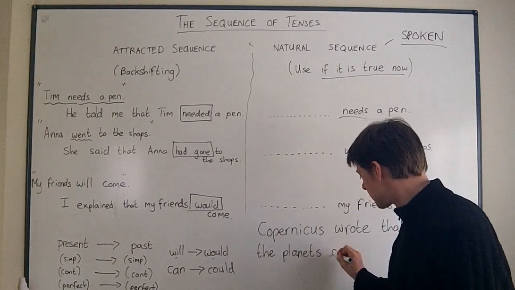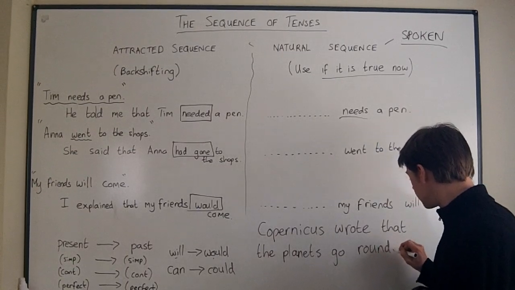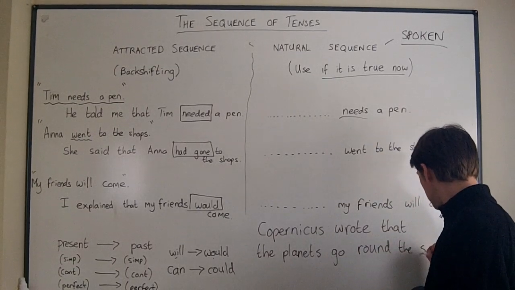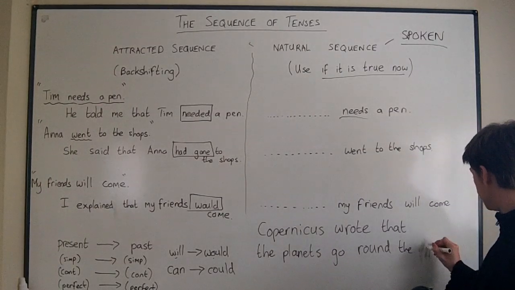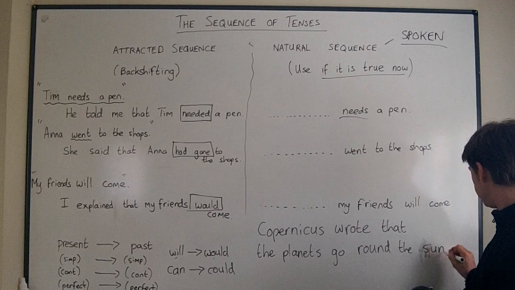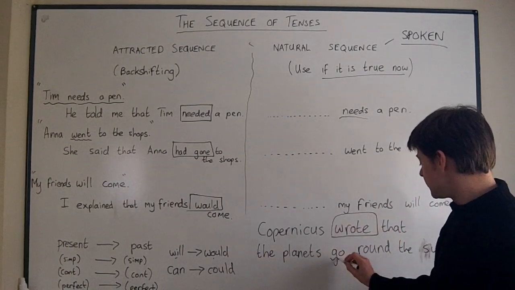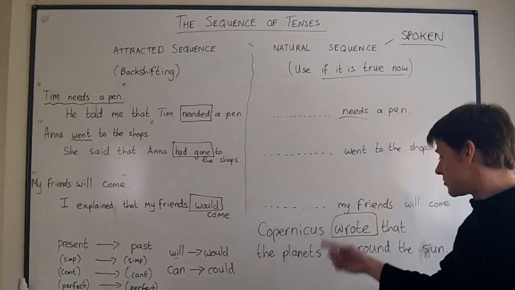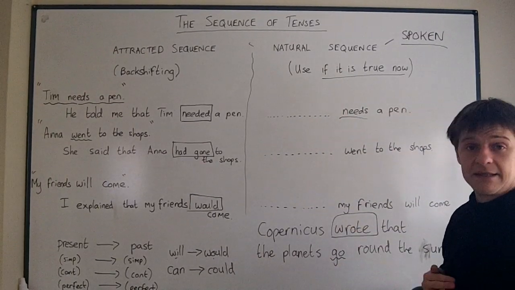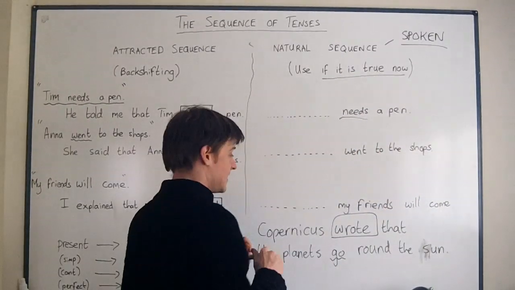Now I would use the natural sequence, which means that I haven't changed the form of the verb. Go round the sun. I've used past tense here, and then I've used present here, which means I'm using the natural sequence. I'm not changing this. Why? Because the planets still go round the sun. I'm sure you've already guessed that.